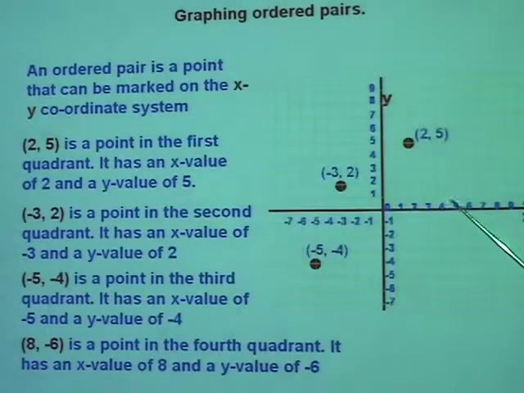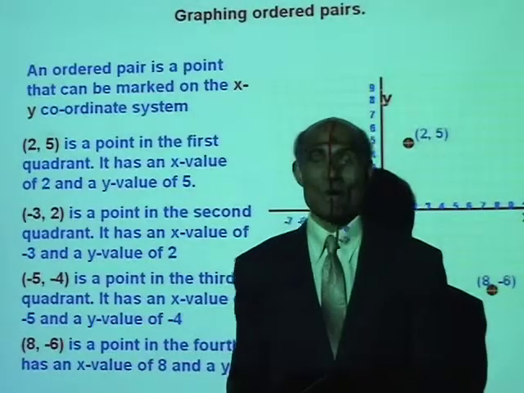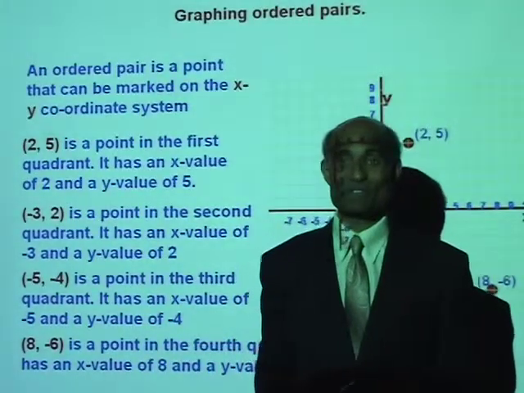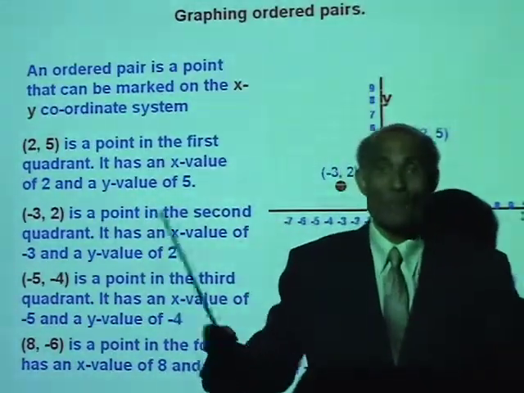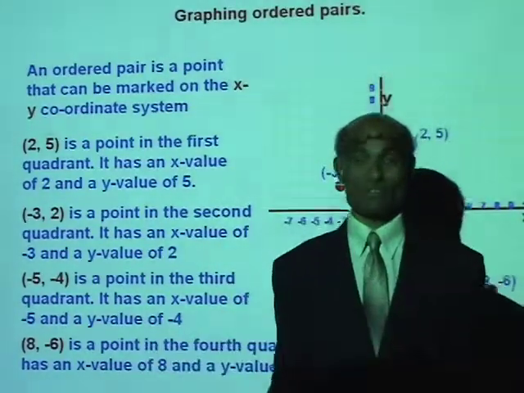So go 8 places to the right on the x-axis, and go 6 places down on the y-axis. That is your point. 8, negative 6. So you should now be able to mark any point on the Cartesian coordinate system. Once you can mark ordered pairs, you can draw a graph of any relation.